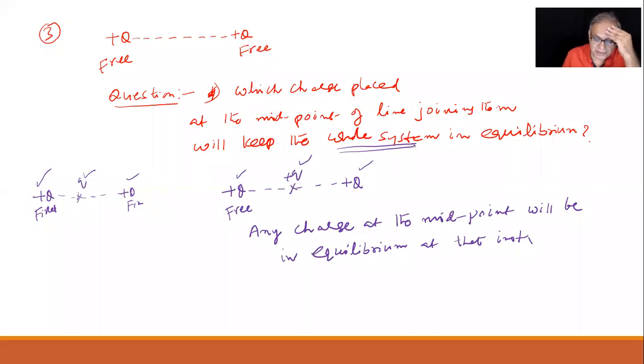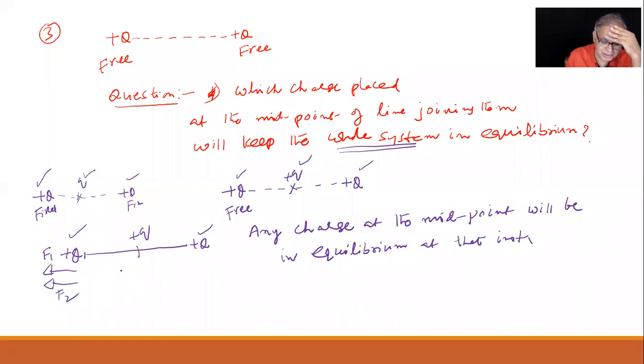This is the point. Now consider this plus q. Listen to me carefully. On this plus q, anyway, the force is 0. But now, find out force on one of them. This plus q will repel it, push it away. F1 will be how much, children?